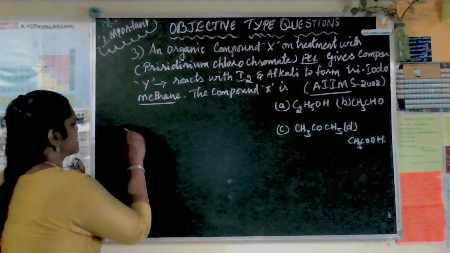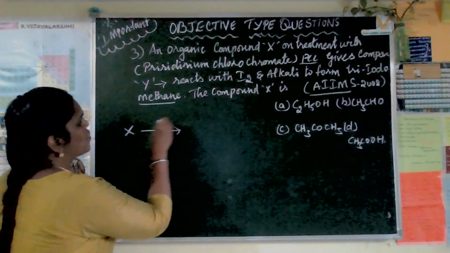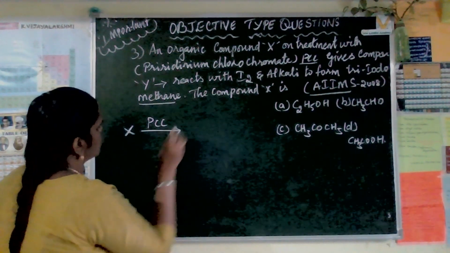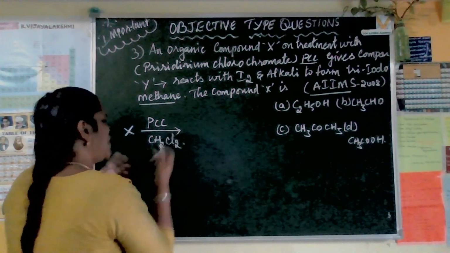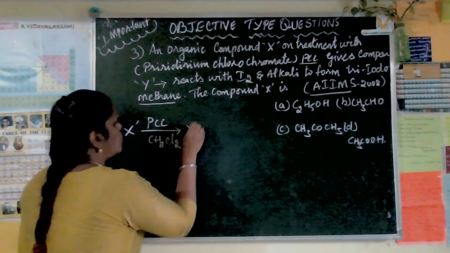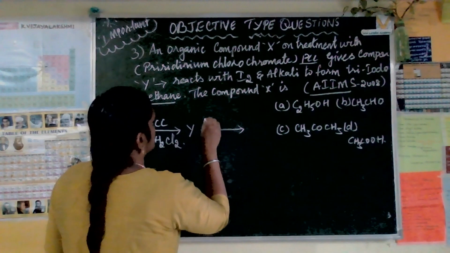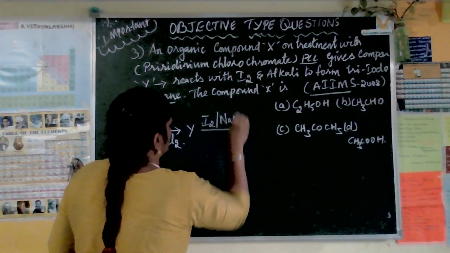Now what they are asking: X is a compound oxidized with pyridinium chlorochromate, PCC, and CH2Cl2. Then it gives compound Y. This reacts with I2 and alkali sodium hydroxide.